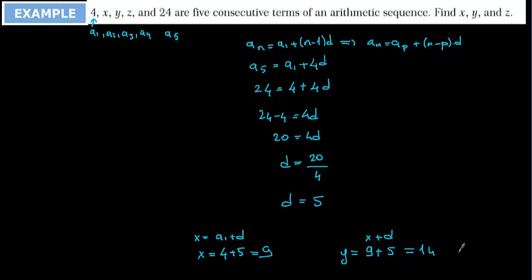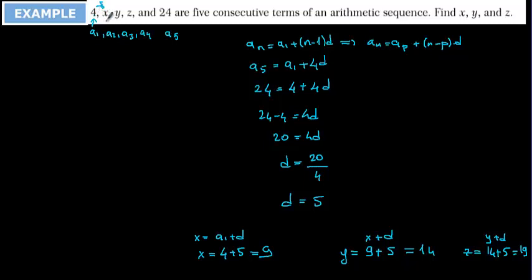Then z is equal to 14 plus 5, which is equal to 19, which is also y plus d.